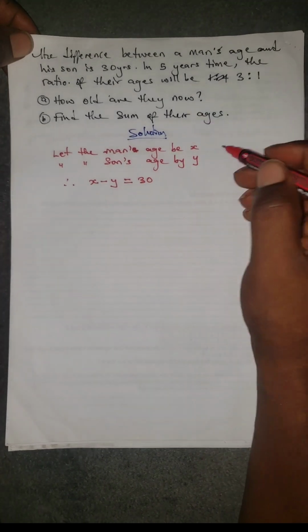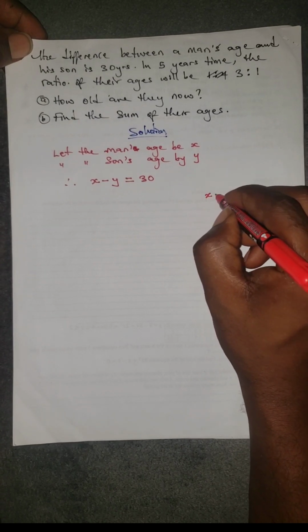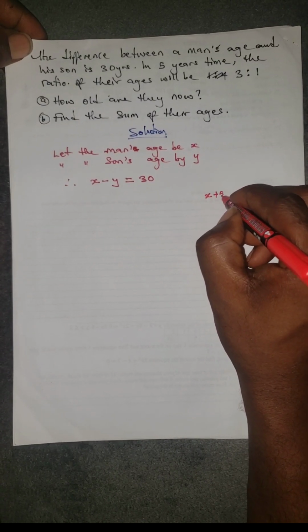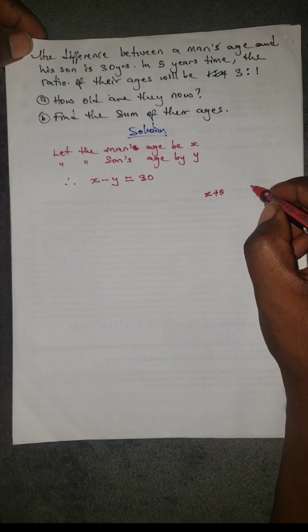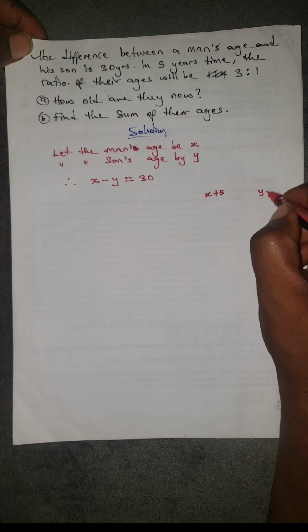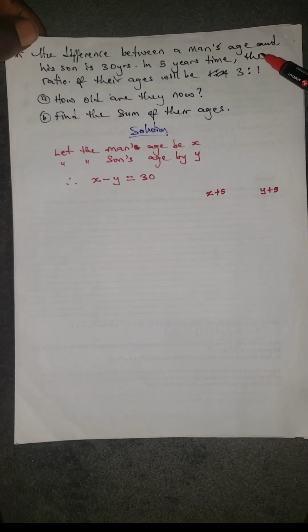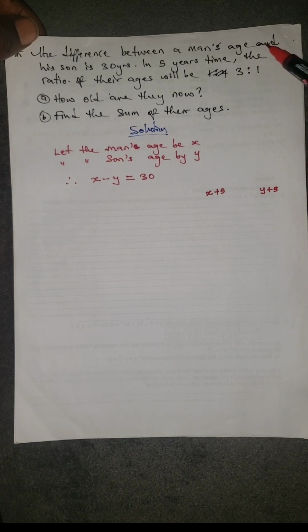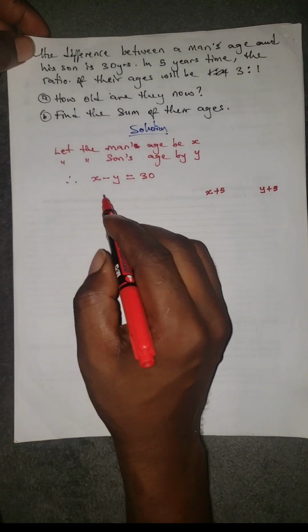Now, in 5 years' time, just like a previous question that we have solved, 5 years' time means that the man will be x plus 5, because that's in future, and the son definitely is going to be y plus 5. Now it says that the ratio of their ages is 3:1. So what would that give us?